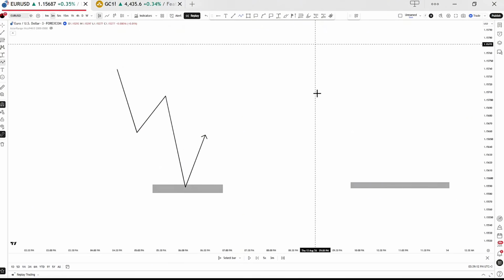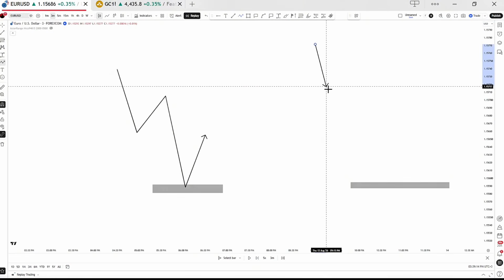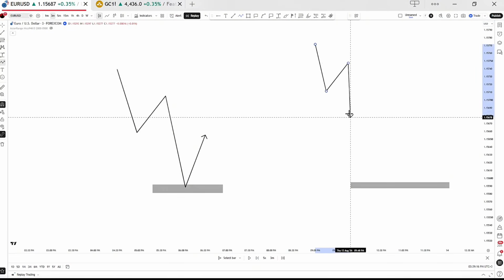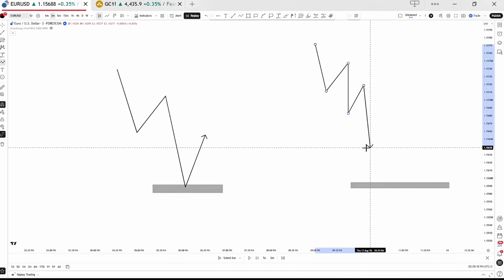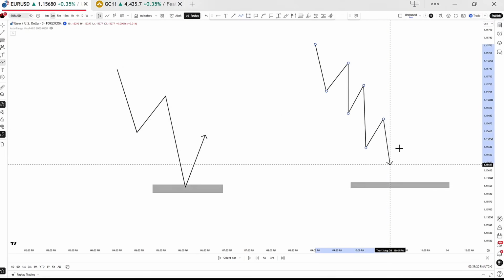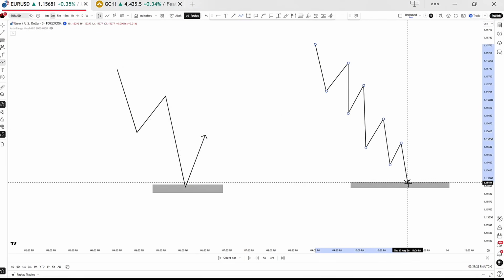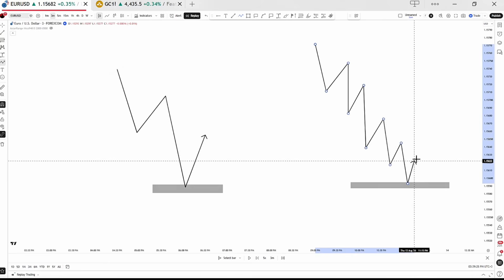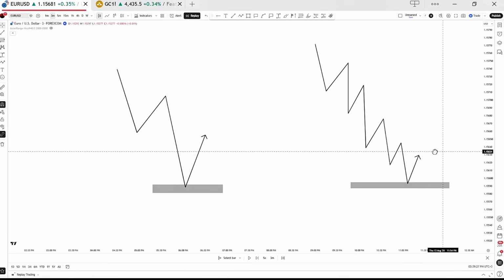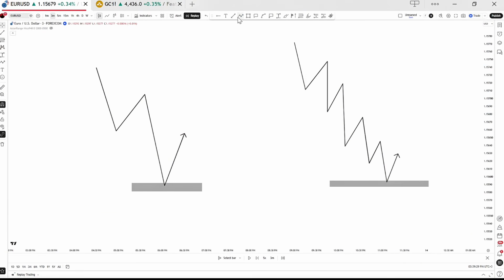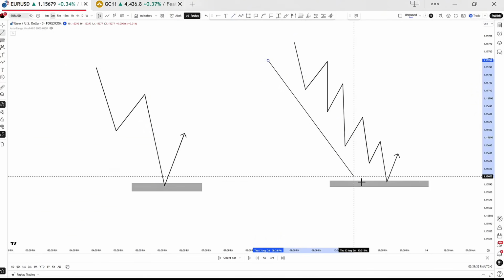Each time frame has its own move. They might look something like this, until it taps in. Now that tap in, remember in the 15-minute time frame, this is one range.